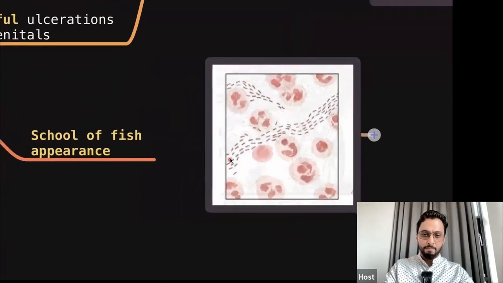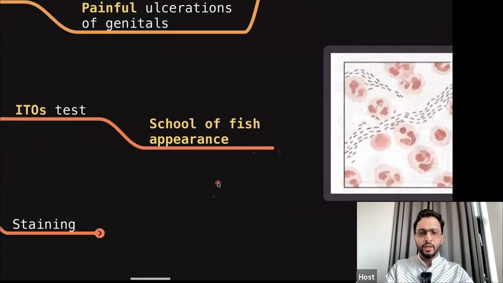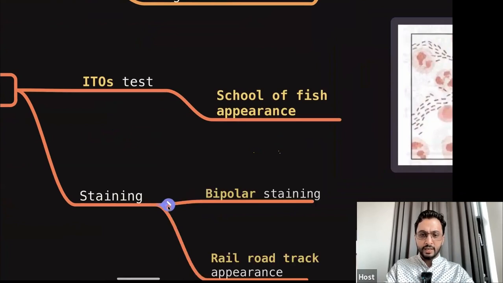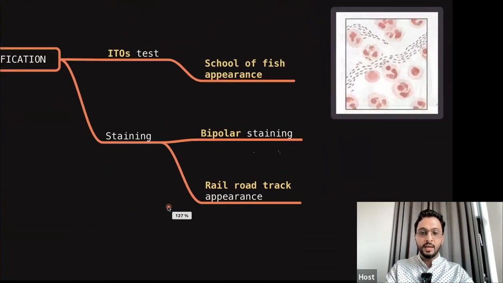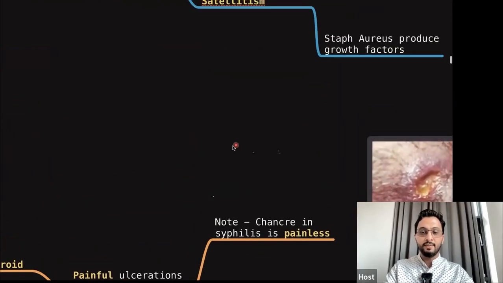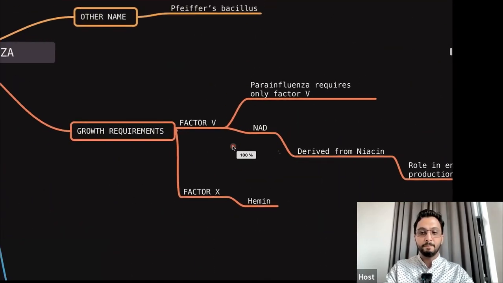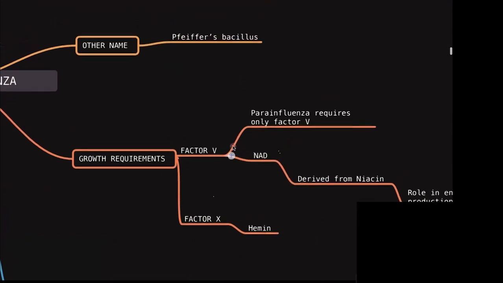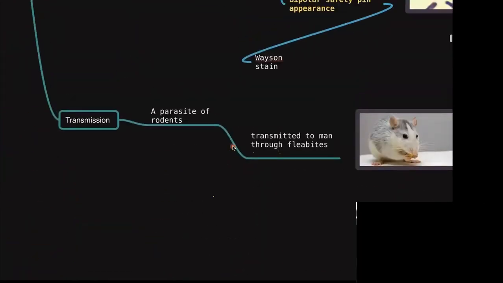Very well-mannered lines, that's why it's called school of fish. Another thing you can do is staining, where it produces bipolar staining, like we just saw. Where did we see bipolar staining? Yersinia pestis. Exactly.